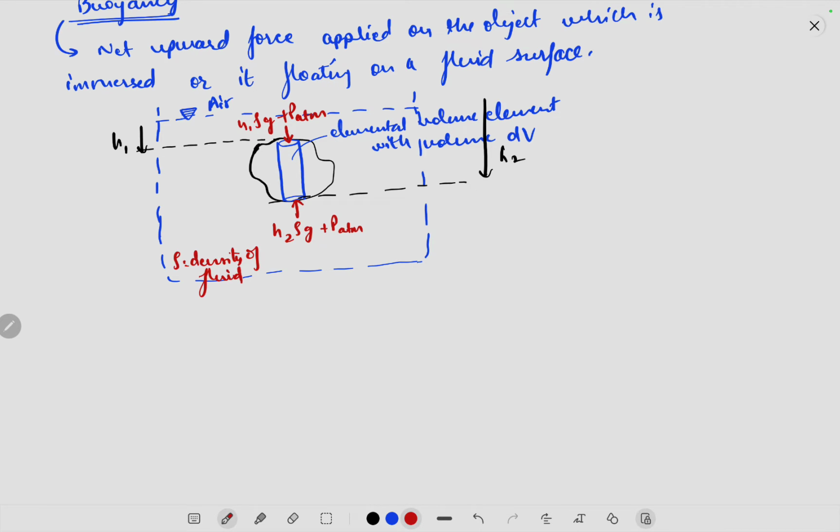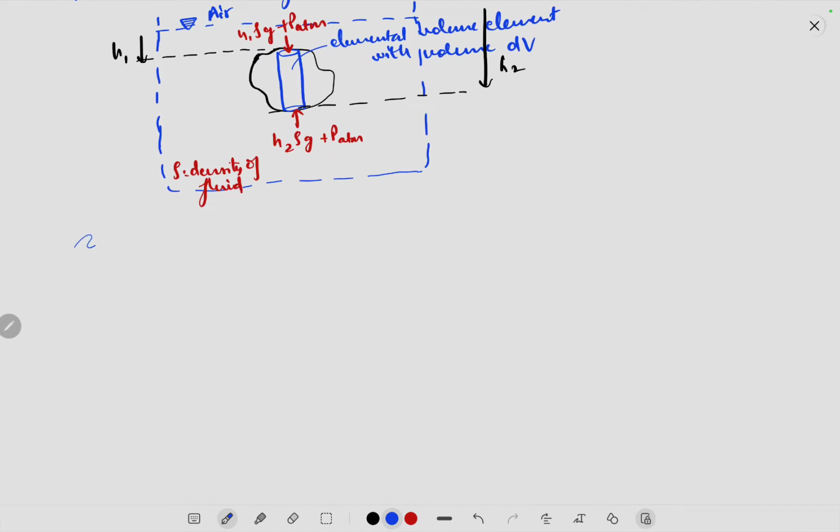Okay, so now what will be the net force on this volume element? Since we know that h2 rho g will be greater than h1 rho g, the net force on this volume element dV will be dF. Let's say the coordinate axes are chosen such that this is z, and this is y.